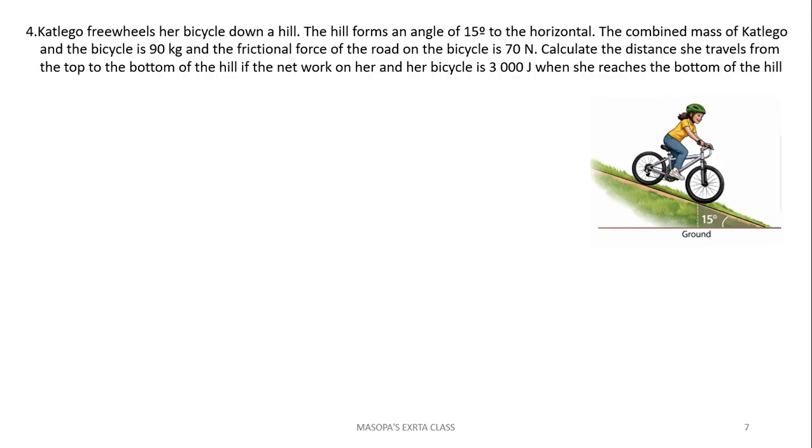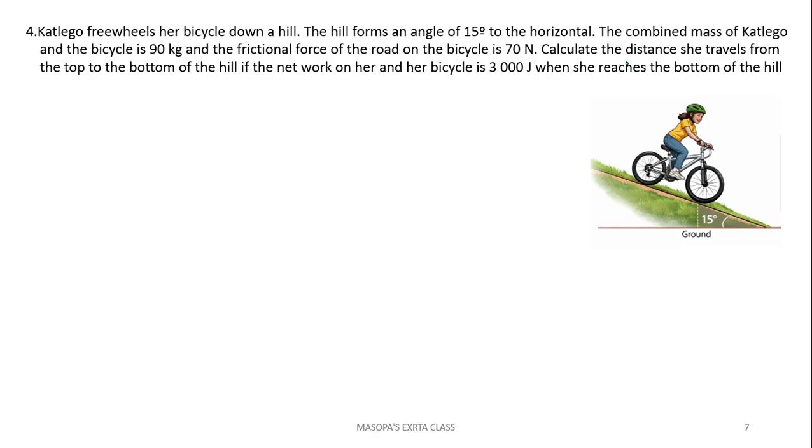Then let's quickly look at the last one. So we can see that Katlego is freewheeling a bicycle down a hill, right? Now that hill forms an angle of 15 degrees to the horizontal. The combined mass of Katlego and her bicycle is 90, and the frictional force of the road on the bicycle is 70 newtons.